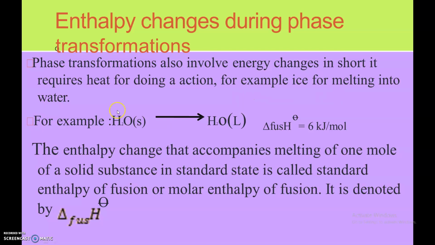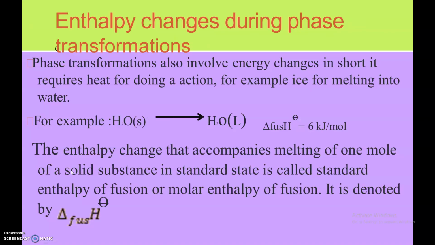We know water, ice, is in solid state and is converted to liquid. When solid is converted to liquid, we can call the process fusion. So the enthalpy change or heat change is 6 kilojoule per mole. While solid is converted to liquid, the heat required is 6 kilojoule per mole.